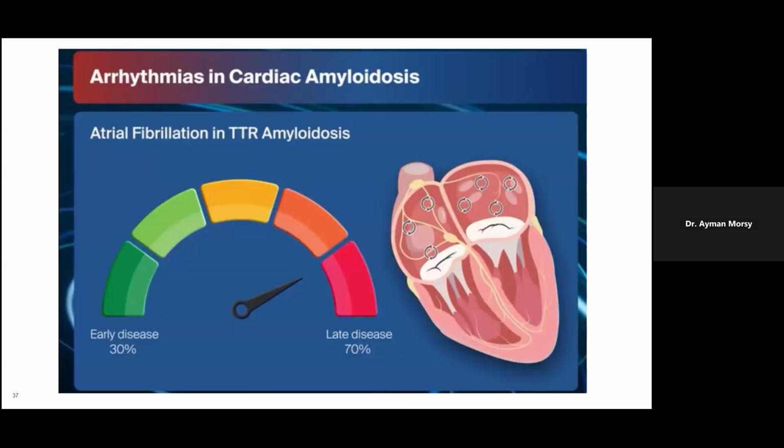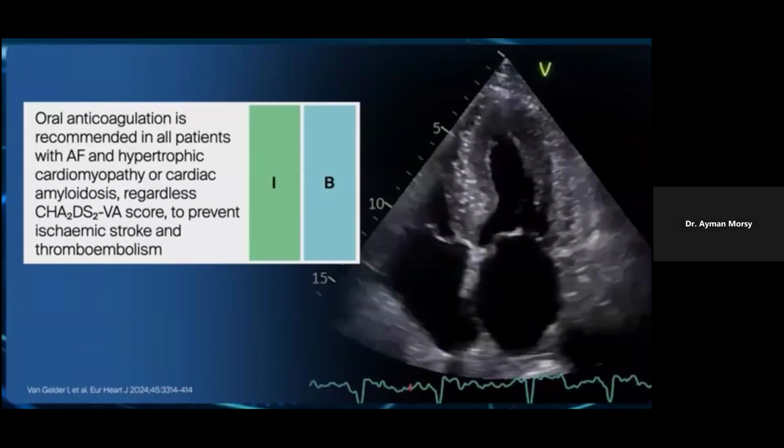You can see very nicely here the arrhythmia, which is very common in cardiac amyloid. In the early stage, around 30% of patients have AFib, and in the late stage of cardiac amyloid, AFib incidence reaches up to 70%. Oral anticoagulation therapy is recommended in all patients with atrial fibrillation and hypertrophic cardiomyopathy or cardiac amyloidosis, regardless of the score, to prevent ischemic stroke and thromboembolism.